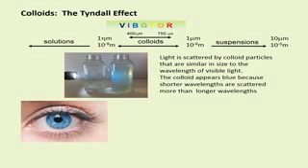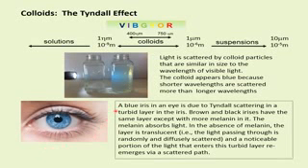Here's another example, blue eyes. Now, a blue iris in an eye is due to Tyndall scattering in the turbid layer of the iris. I'm taking this directly from Wikipedia. So those of us with brown and black irises have the same turbid layer in our eye, except they have more melanin in it, and melanin absorbs light.